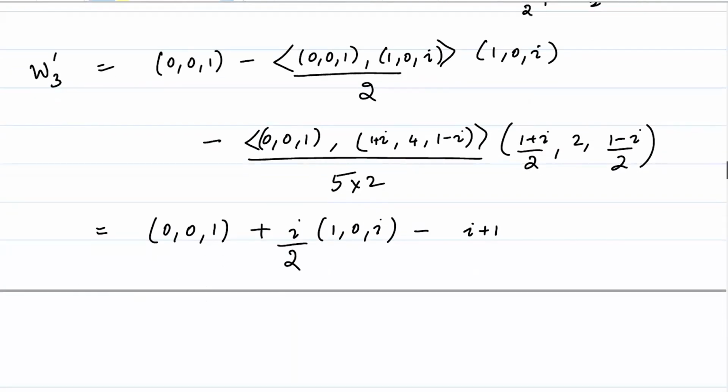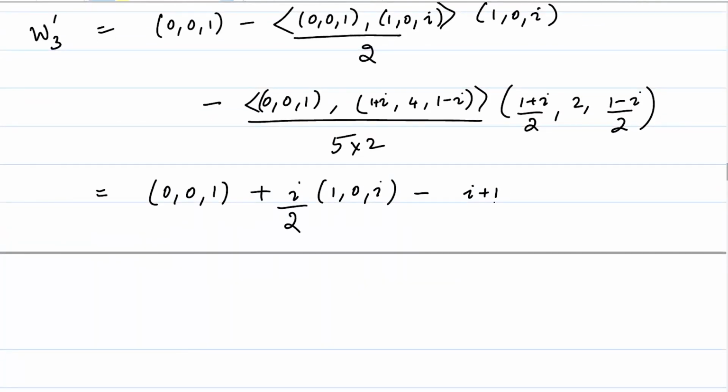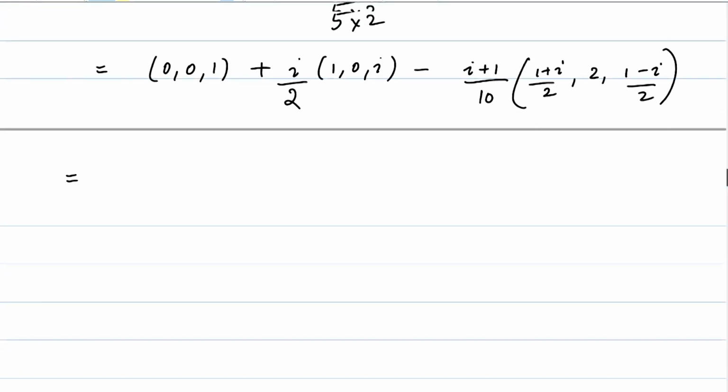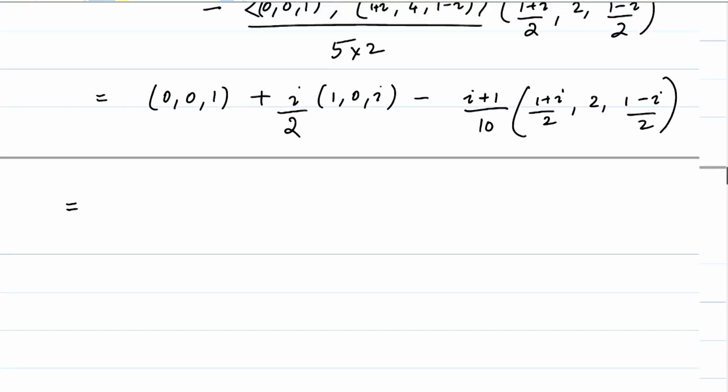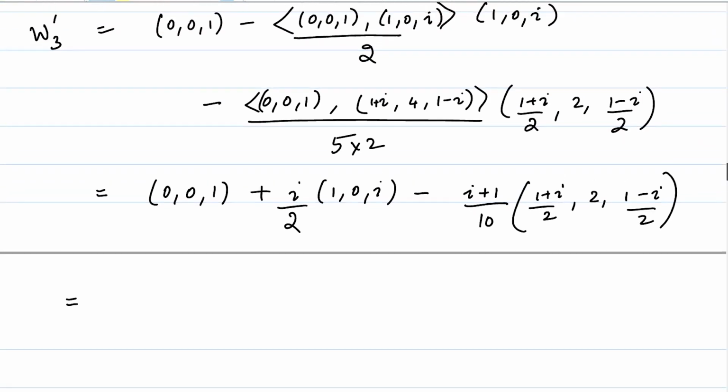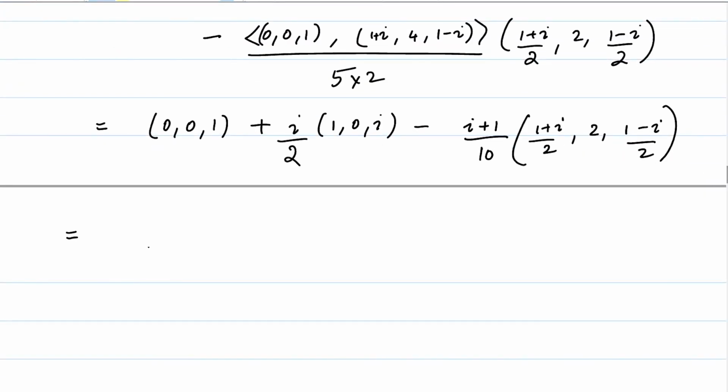So this is half, and yeah, this is right. So this is going to be (1+i)/10 times (1+i)/2, 2, and (1-i)/2. Okay, maybe there is some mistake. Yeah, we'll see what the mistake is, if at all there is one.